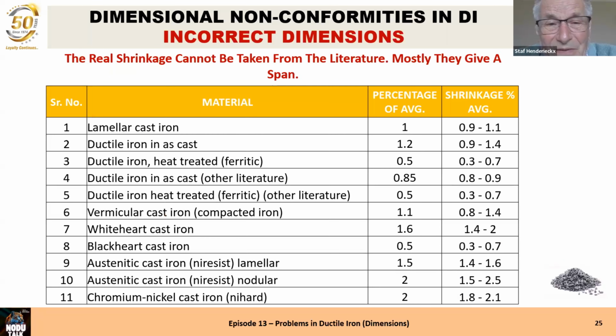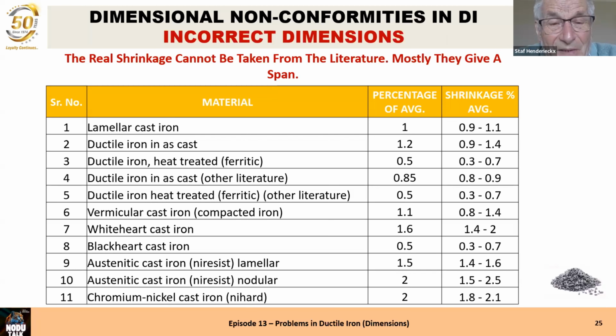This is the shrinkage you can imagine. If you see in number 2, a ductile iron as cast averages 1.2, but it can vary from 0.9 to 1.4. Heat-treated ductile iron, especially when it's made ferritic, is 0.5% average, and it's 0.3 to 0.7.